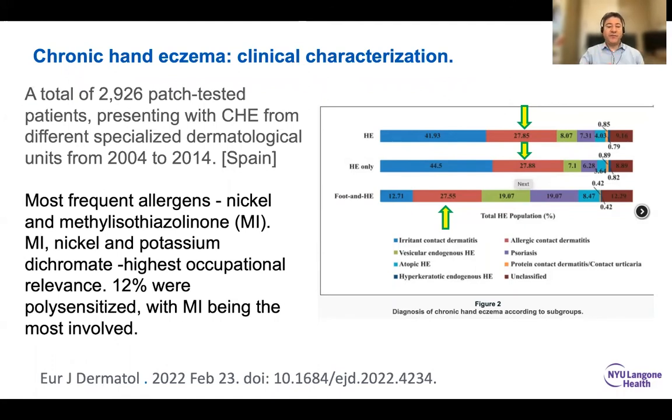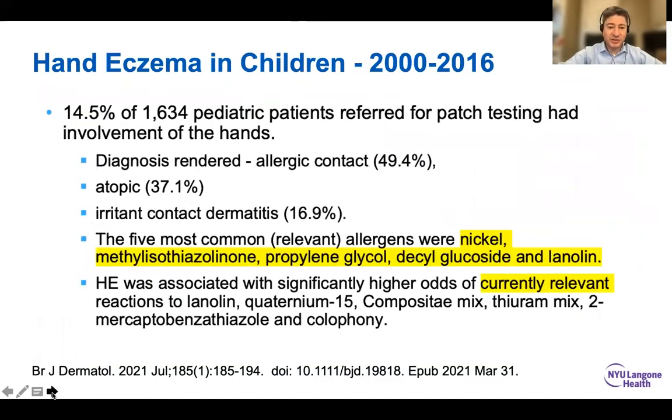When we look at foot and hand eczema, a quarter of those patients have positive patch tests that have a capacity to be relevant. And when we looked at this study from February, very recent, nickel, methyl isothiazolinone, and chromium were all important allergens. And those are allergens that you can pick up by doing routine patch testing.